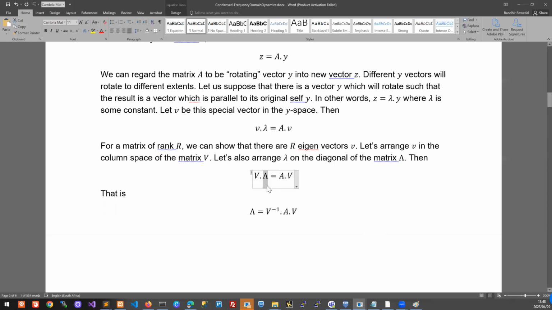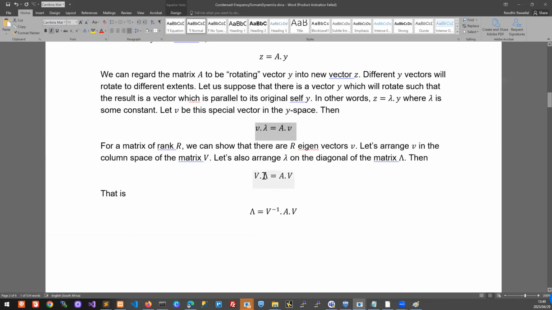This is the symbol for capital lambda, the matrix with the values lambda written on the diagonal. And that's equal to A times V, so that's the vector version of the same equation.